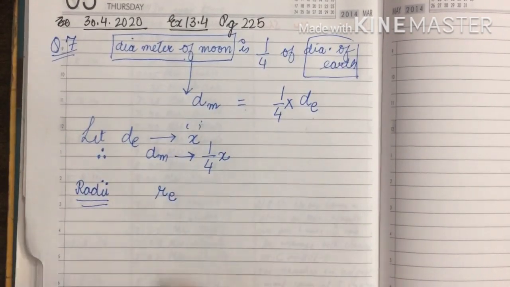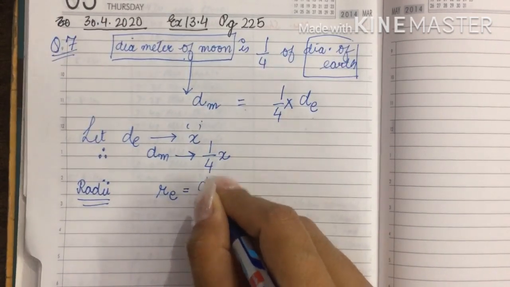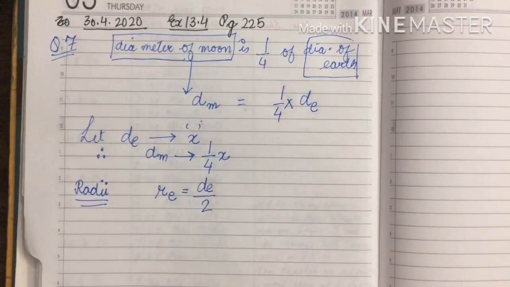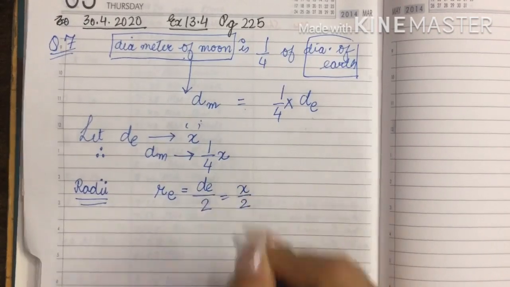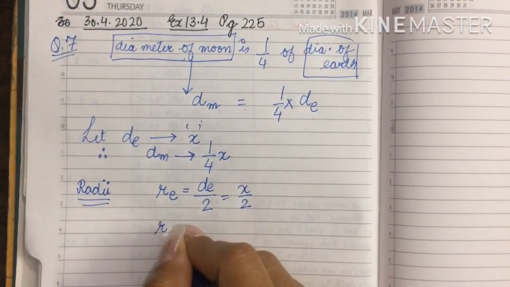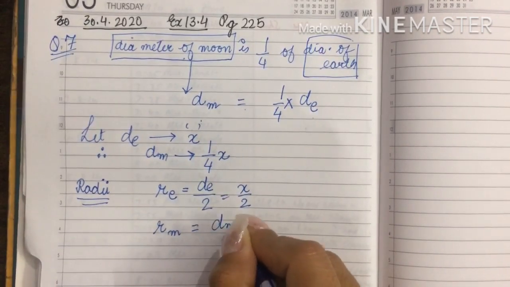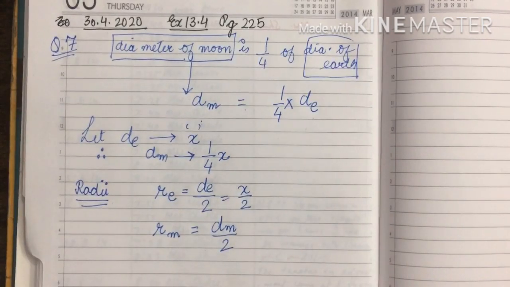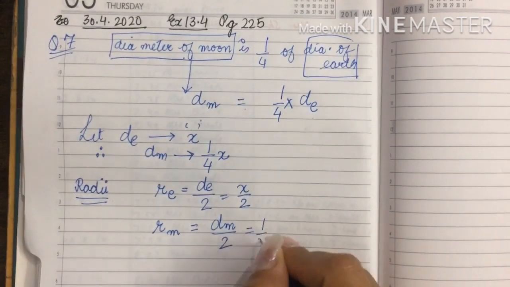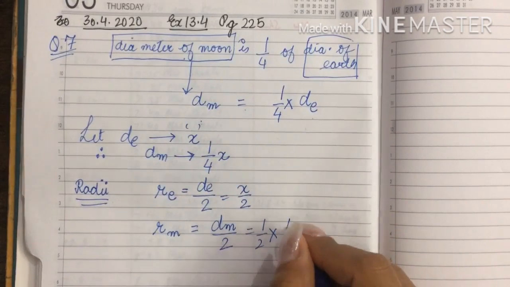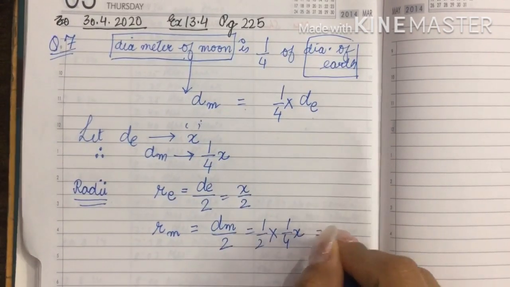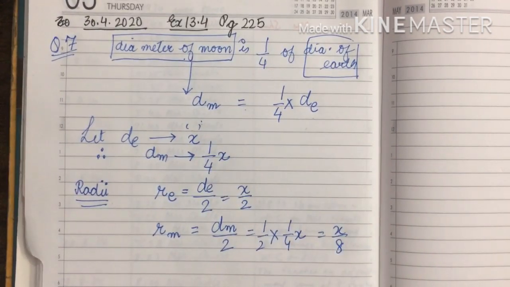Radius of earth will be diameter of earth divided by 2, which is x by 2, and the radius of moon will be diameter of moon divided by 2. This will be half of 1/4 x, so this will be x by 8. Now let us find out the ratio of the surface areas of the two objects.